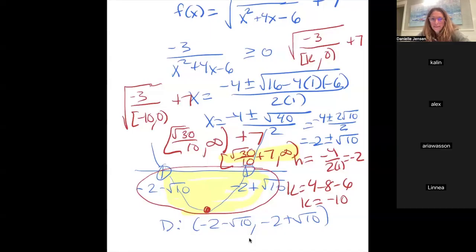Miss Jensen, will you re-explain again why your maximum is really close to 0? Why my max? Oh, you mean in this, right at the beginning here? Oh, because remember our domain was such, because I am doing -3 divided by this parabola, I needed to only put in values of the parabola that result in negative outputs.